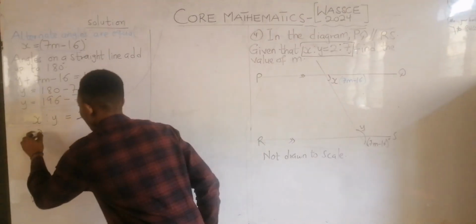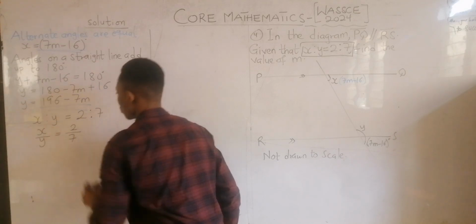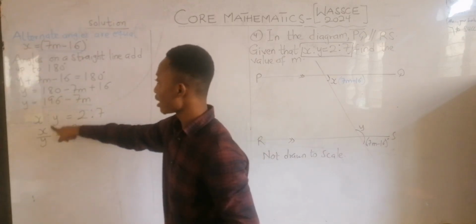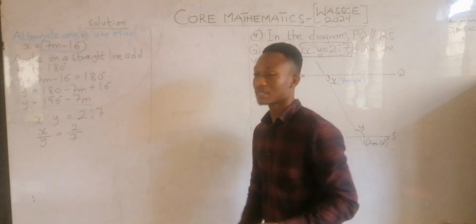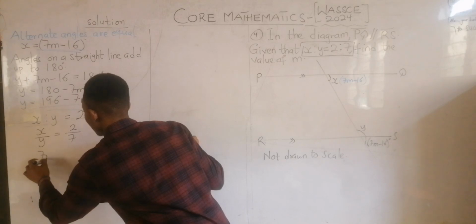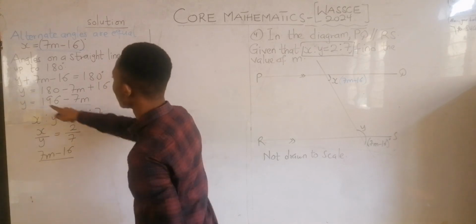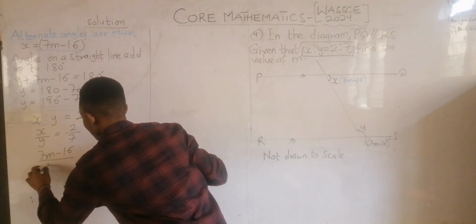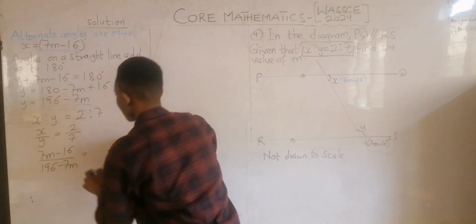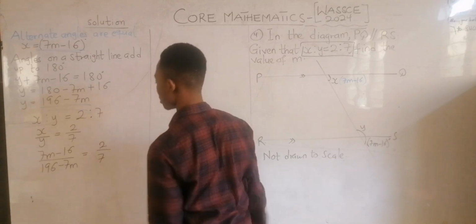So x over y is equal to 2 over 7, where x is 7m minus 16 and y is 196 minus 7m. So 7m minus 16 over 196 minus 7m is equal to 2 over 7.